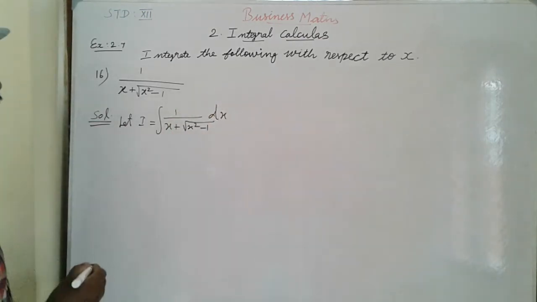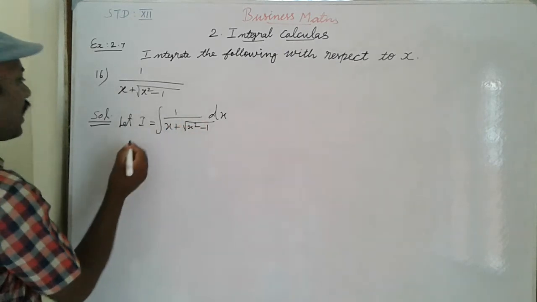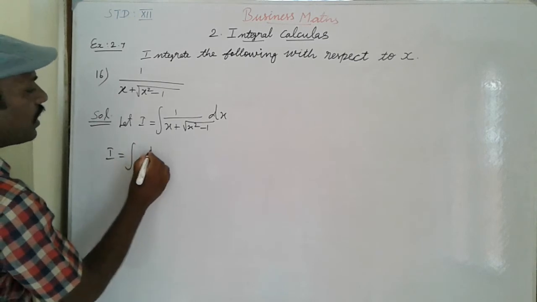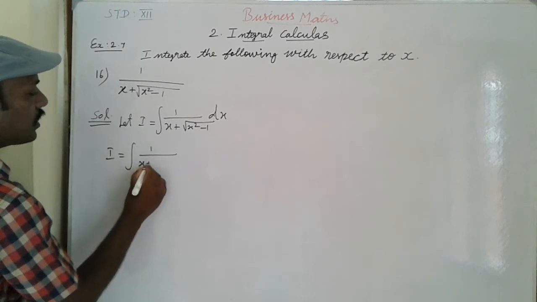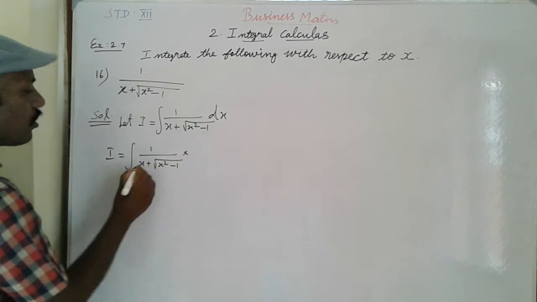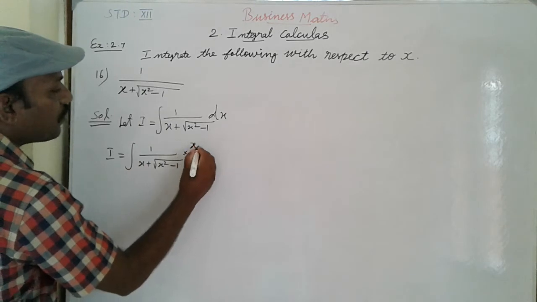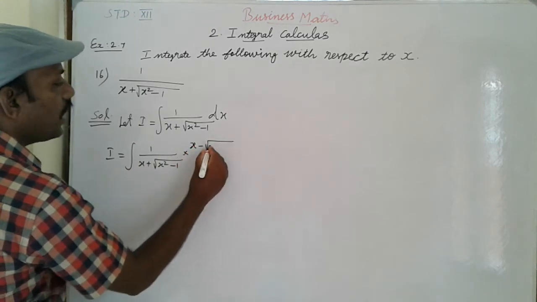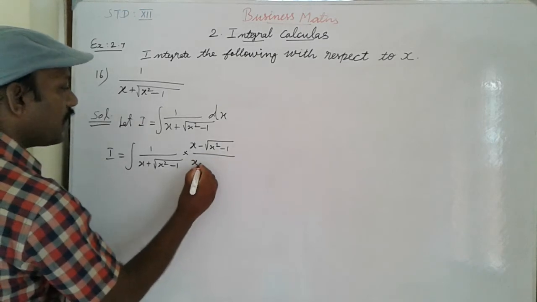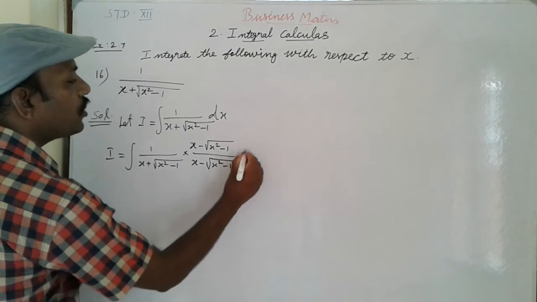So we should multiply and divide by its conjugate. I equal to integral 1 divided by x plus root of x square minus 1 into its conjugate. The conjugate is x minus root of x square minus 1 divided by x minus root of x square minus 1 into dx.